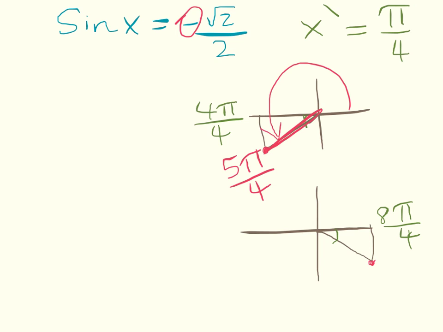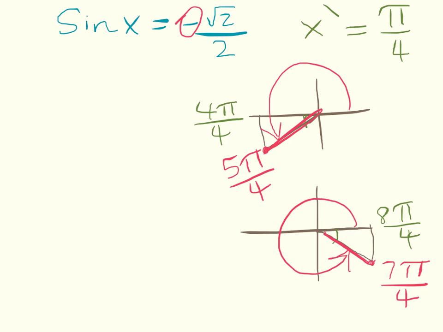Now, right here in the fourth quadrant, if I want to also put my angle in standard position, then what is that one? Well, that's 8 pi over 4 right here at 2 pi, because 8 pi over 4 would give me 2 pi right there. Now, what's my angle right there? Well, it's one less, 7 pi over 4.